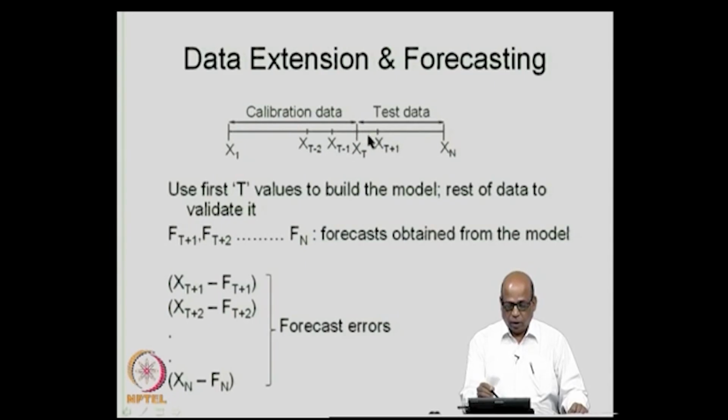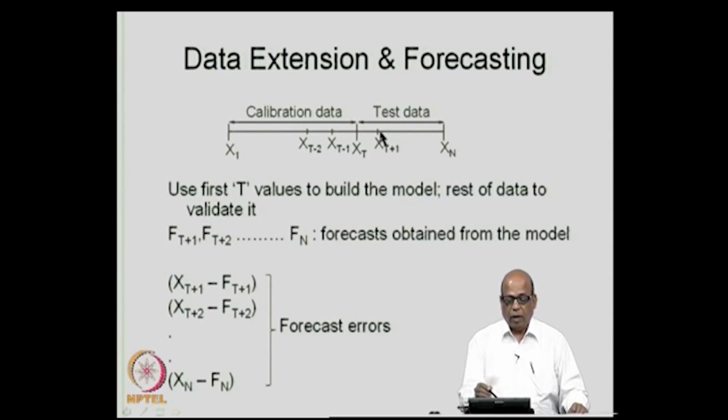Use the model so calibrated first to forecast the flow during time period t plus 1, if we are talking about a flow forecasting model. So, we get a forecast, we denote it as f t plus 1, but we also have the observed data for time period t plus 1. So, the error will be x t plus 1 minus f t plus 1. It should have been actually x t plus 1, but we have forecasted f t plus 1.